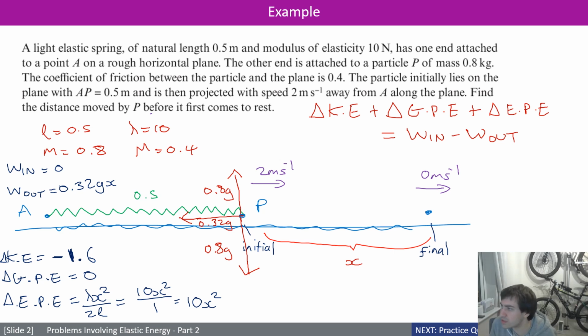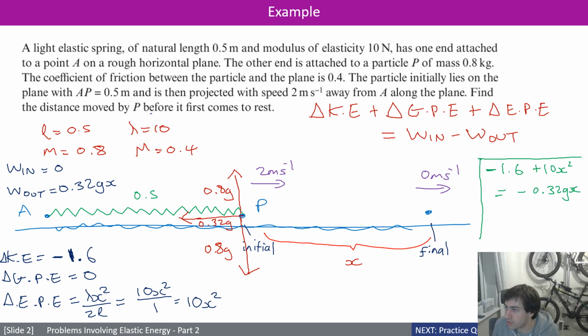So that allows us, going a bit all over the place on this one, let's go over here. That allows us to create our final equation, right? So we're going to have minus 1.6. We'll ignore the 0, plus 10x squared, and that's going to be equal to work out, which we're taking away, so it's minus 0.32 gx.